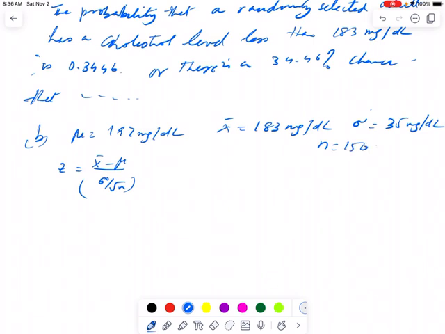Okay, so plug in. Whole divided by 35, whole divided by square root of 150. Now you plug in everything in your calculator and get the value.